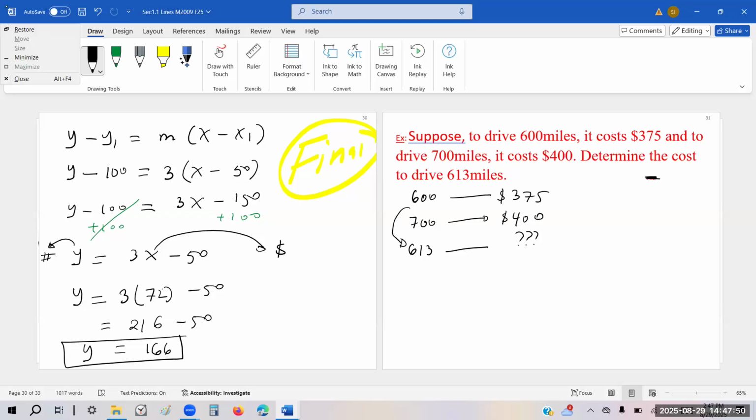So, volunteer? Average rate of change, which is slope. So you can get your slope from this information. Let me do it here so it will be clearer for you.